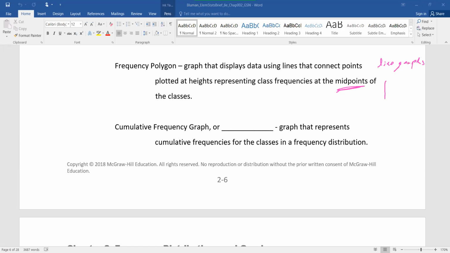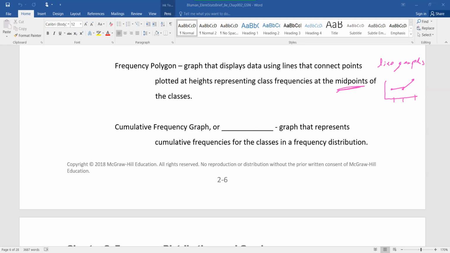To give you a rough estimate, you would have all your points here, here, here. That right there would represent what we call a frequency polygon, because it represents the midpoint, not from the lower bound to the upper bound, like you would see on a histogram. They go from lower bound to upper bound for the classes at least.